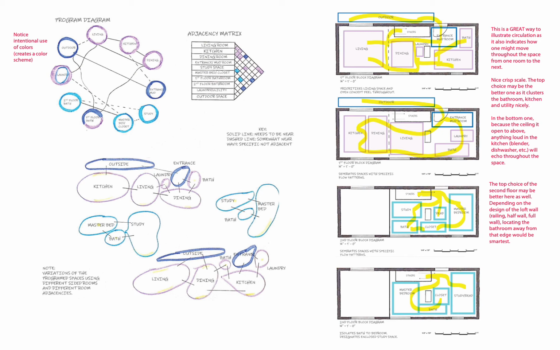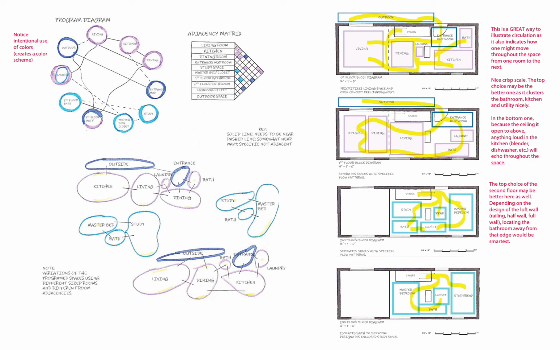With the kitchen located in the area that's open to above, if you have anything loud going on, like a dishwasher or a blender, that's going to echo up into the loft. That might not be a huge issue for a single bachelor, who, if he's in the kitchen, might not be sleeping in his loft, but that is just something to consider.